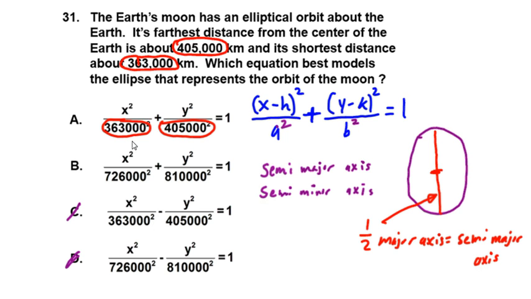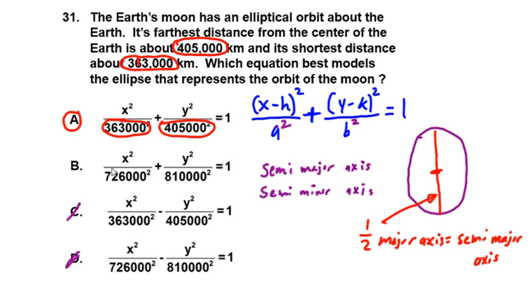So just the way this is written, the whole axis is written here in answer choice B by doubling, but the equation calls for the semi-major axis, so our answer choice is A.